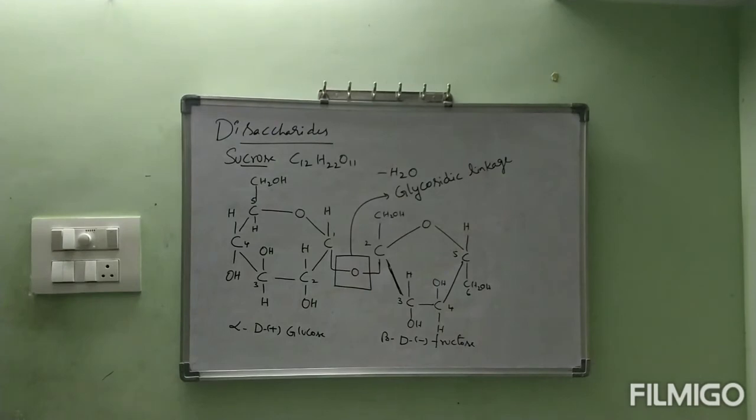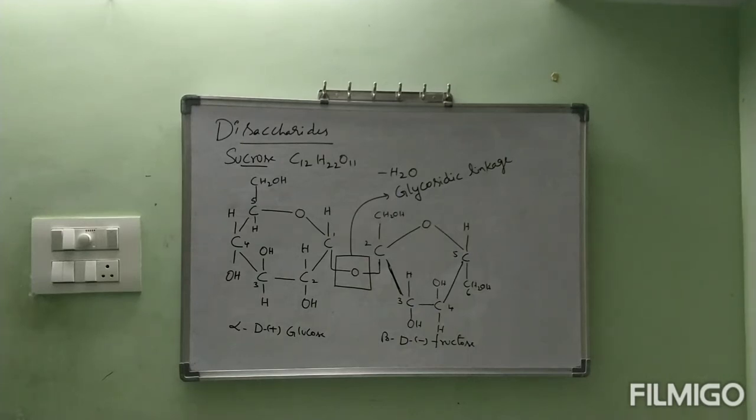That COC bond in between glucose and fructose, C1 of glucose and C2 of fructose, that oxygen is in between them. With that glycosidic linkage, glucose and fructose are bonded, and the total sucrose molecule gets the C12H22O11 structure. Okay? This is the structure of sucrose.